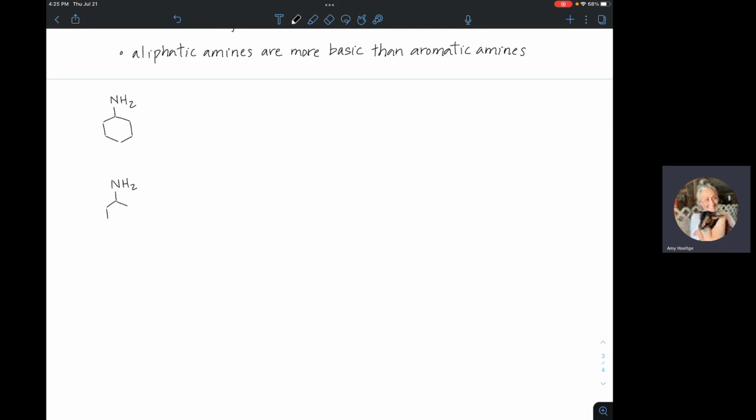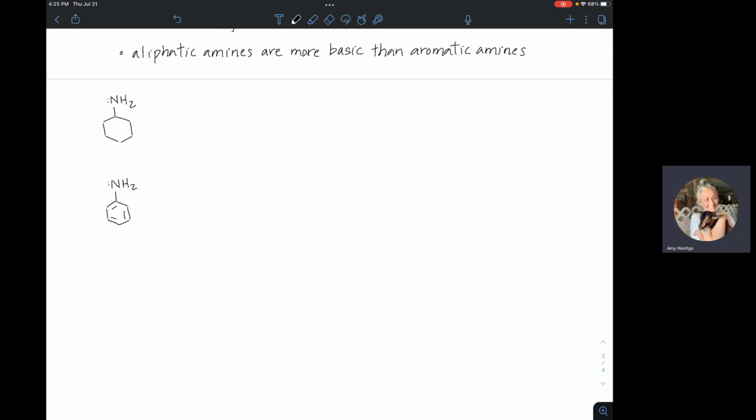First of all, we remember from the aromatic chapter that the aromatic group is weakly electron withdrawing. And so if you're going to be using these molecules as a nucleophile or as a base, you want the lone pair of electrons on the nitrogen to be more available to attack an electrophile, an electrophilic piece of another molecule.